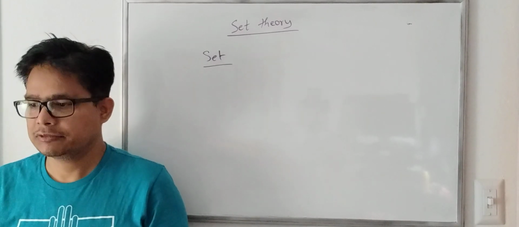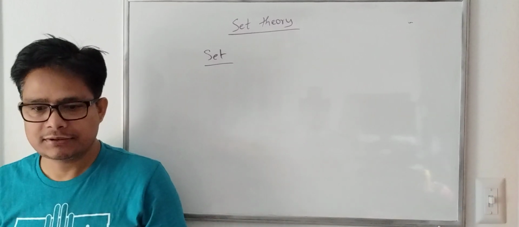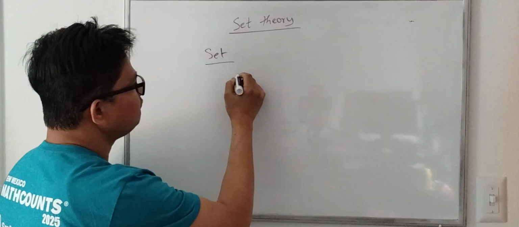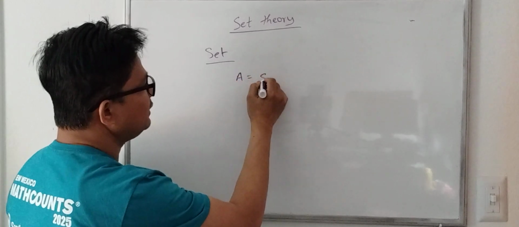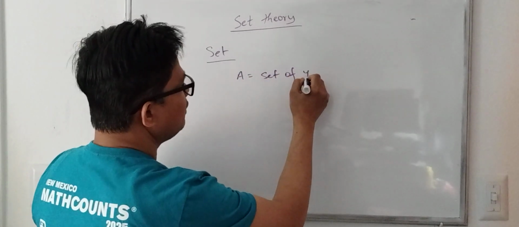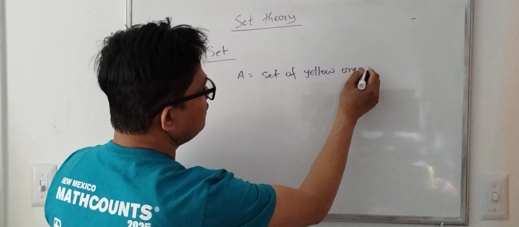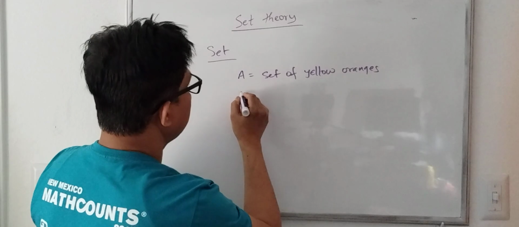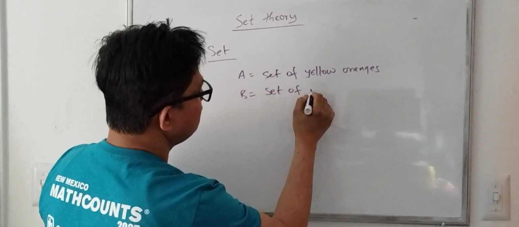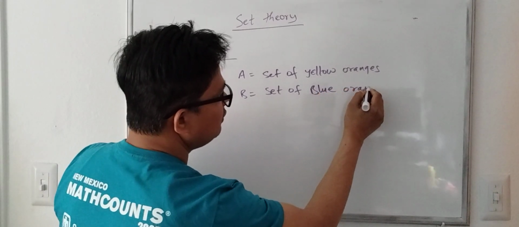Okay, so let's say you have apples, pencils, books. So those things are a set of. Let's say A is a set of yellow oranges. Okay, B is a set of blue oranges. Although I don't know if blue oranges exist or not.